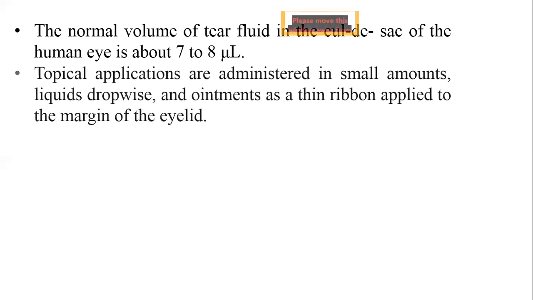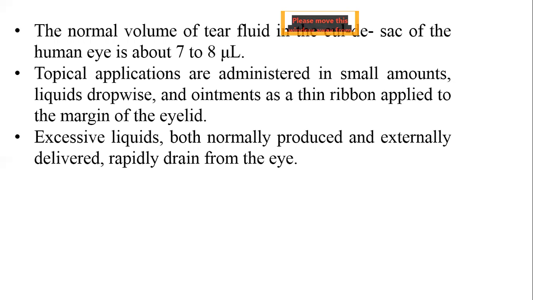The normal volume of tear fluid in the cul-de-sac of the human eye is about 7 to 8 microliters. Topical applications are administered in small amounts, liquids dropwise and ointments as a thin ribbon applied to the margin of the eyelid.